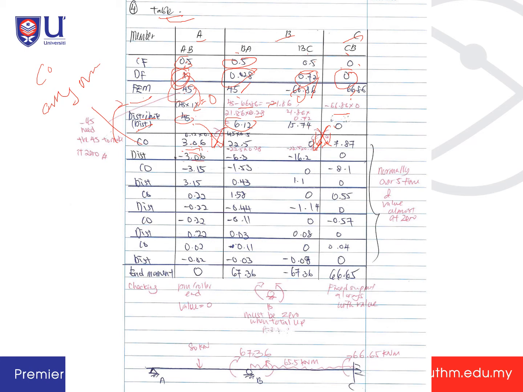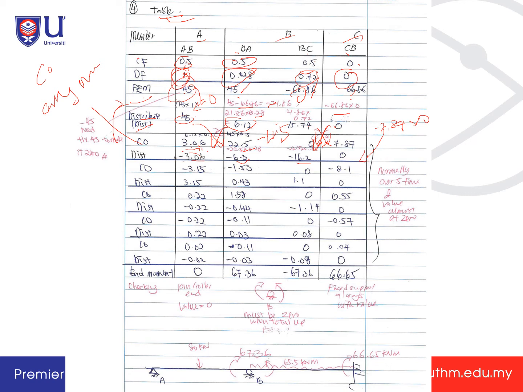And 22.5 minus 0, you need negative 22.5 to balance it. So negative 22.5 times 0.28 is negative 6.3, and negative 22.5 times 0.72 is negative 16.2. And 7.87 needs another negative 7.87, but then it times 0, so it will get 0.